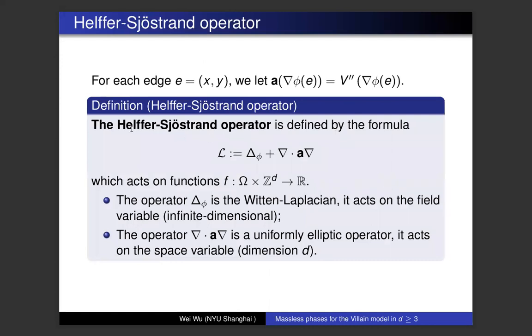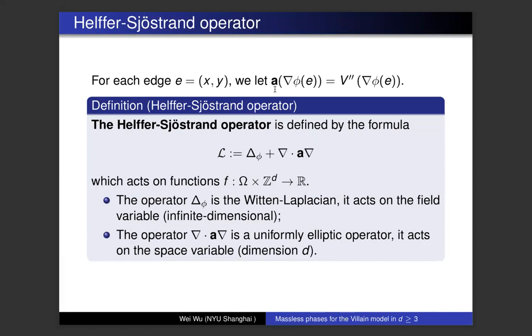So here is the notion of what we call the Helffer-Sjöstrand operator. It has two parts. One is this delta phi, which we just introduced. And then there is an ordinary elliptic operator term here. All the gradients here are just the gradients in space, so they are just discrete gradients on Z^d.